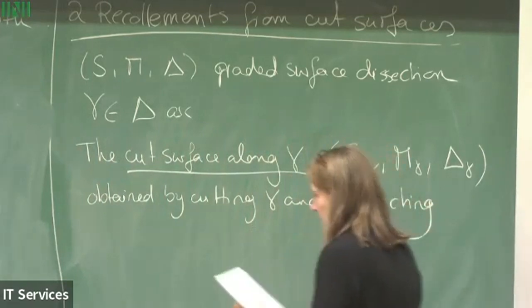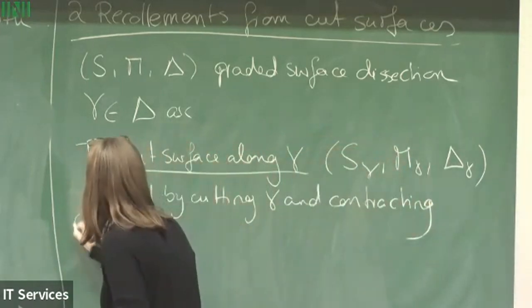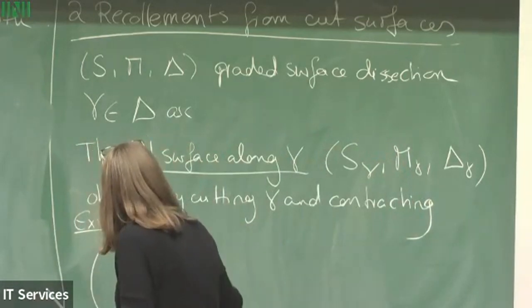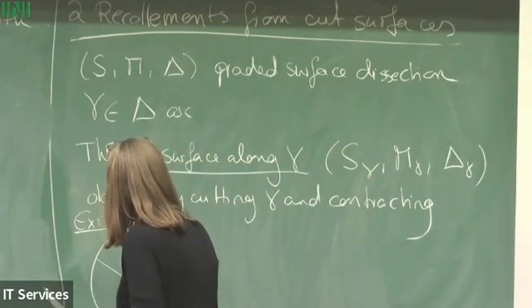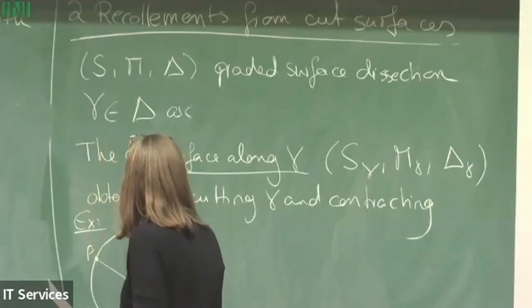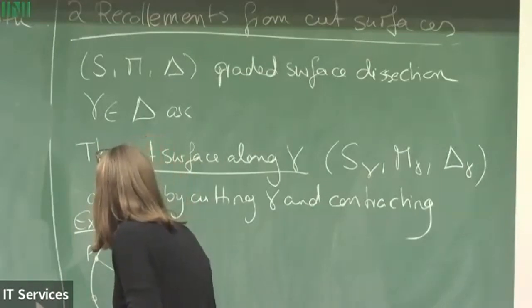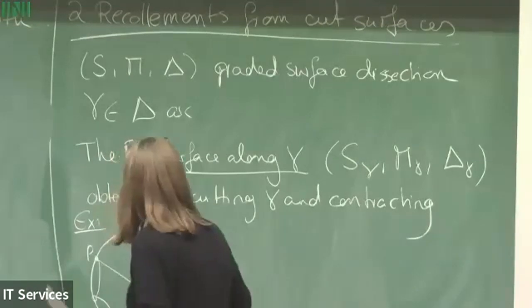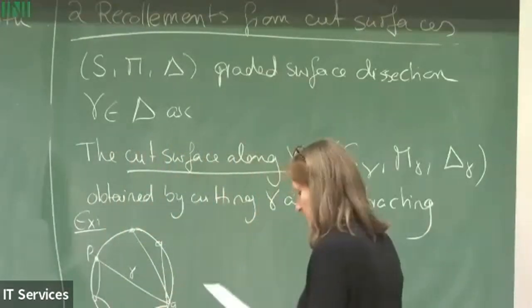Okay, and so let's look at this in an example. So here's our surface. Here's gamma going from some marked point P to some marked point Q. And there's a surface dissection somehow like this. Gamma is one of the arcs of the surface dissection.